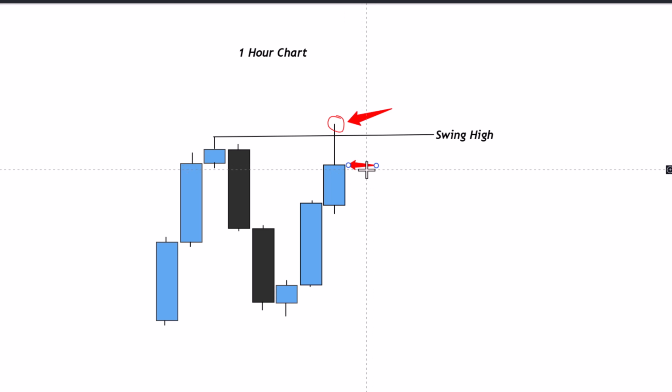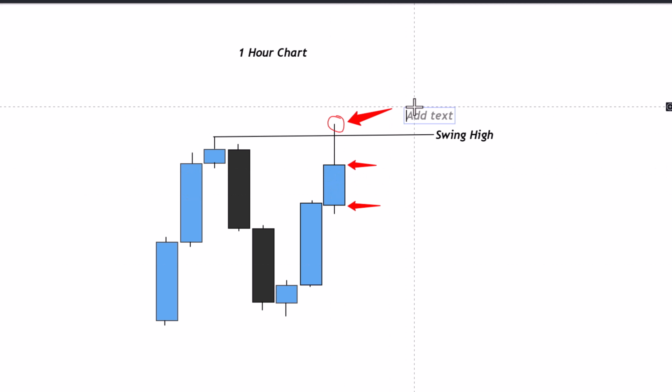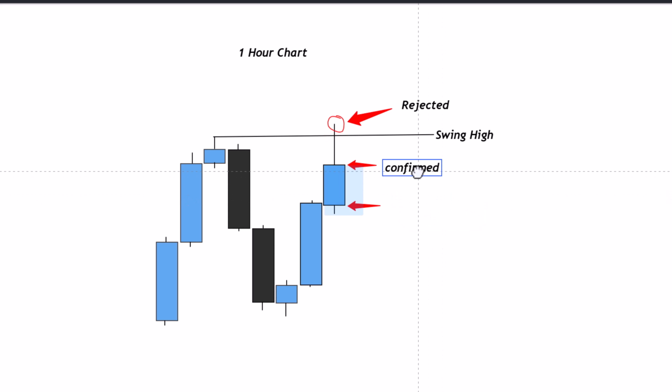Now this means that the only confirmed price action within this price range is between this low, the open price, and this high, the closure price. Anything above that was just attempted price, also known as rejected price. So this is rejected price action. And then this is confirmed price action just here.